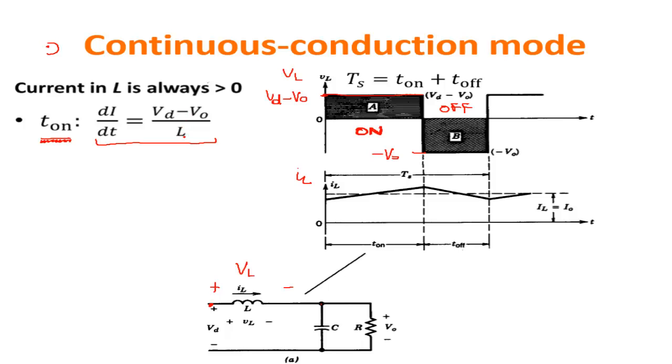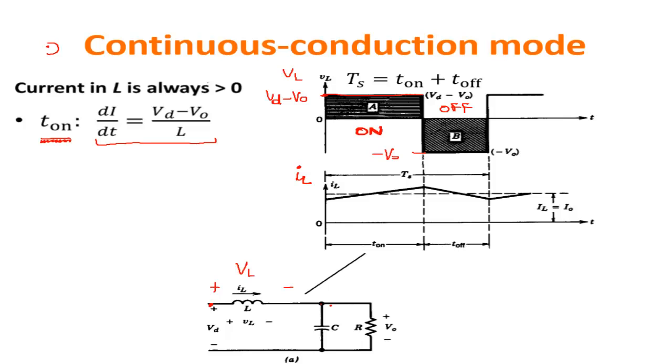So when VD minus V0 is constant and positive, the derivative of the current with respect to time is constant and positive. So the current through the inductor, which is IL, increases linearly with time. And this is the circuit, you have VD here and then the rest.